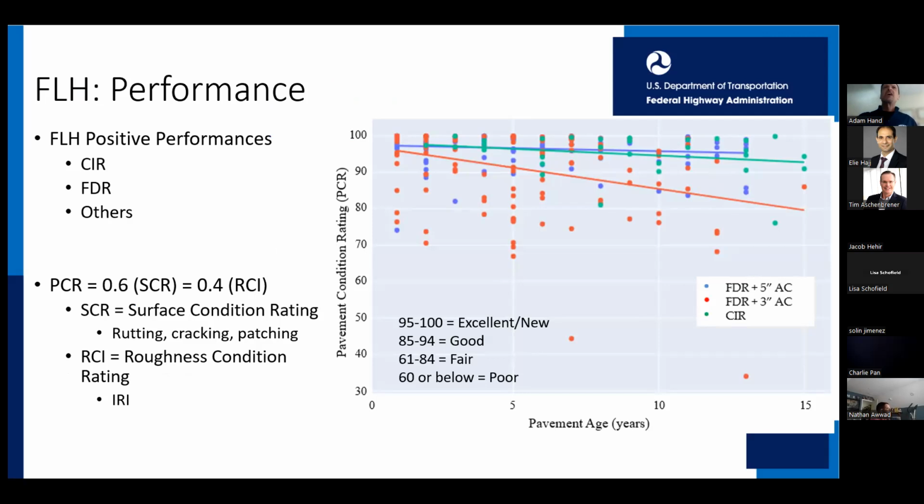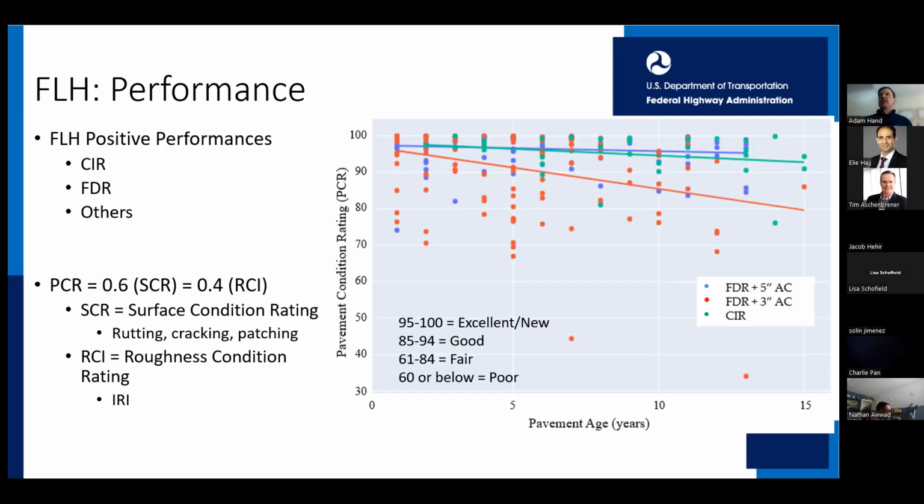This is also federal lands data. And this is a plot of pavement condition rating, PCR, versus age. So we've got years on the x-axis and PCR on the y-axis. The PCR is a composite condition rating that's based on surface conditions as well as roughness. And what's interesting here is 95 to 100% is excellent or new, and then 85 to 94 is good condition.